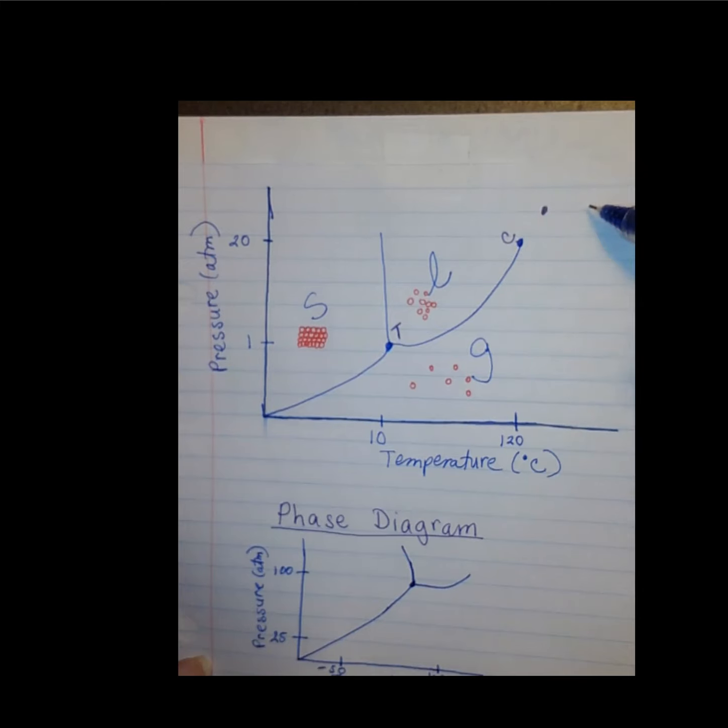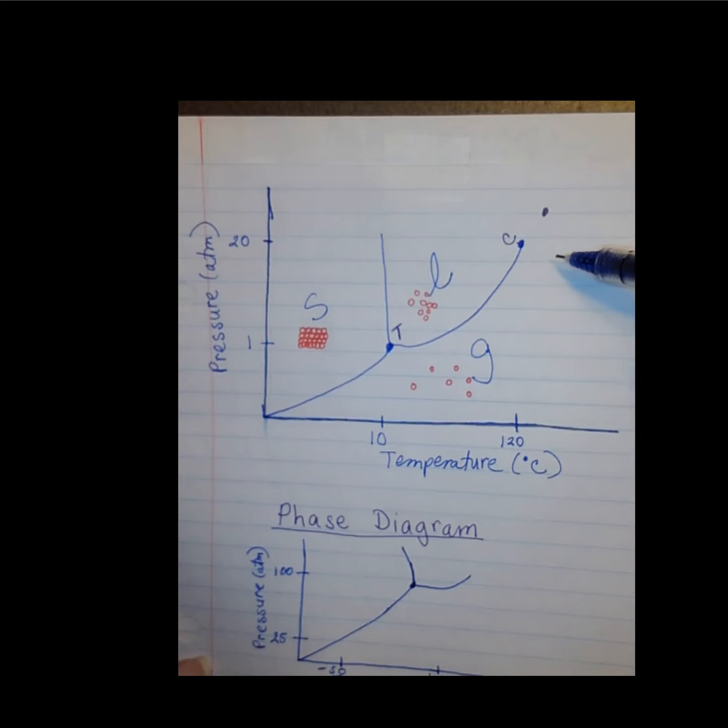This area is known as a supercritical fluid, where at any place in this area right above the critical point, the substance happens to be both a liquid and a gas. So it has properties of both, and also it has the same density. So the substance is indistinguishable between a liquid and gas.